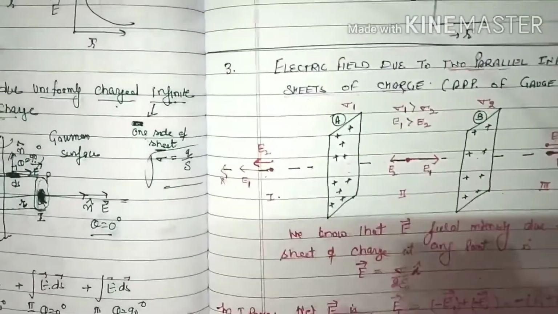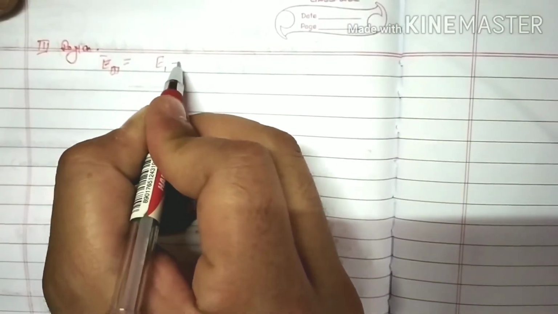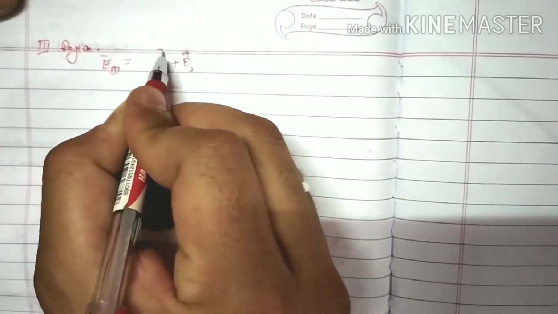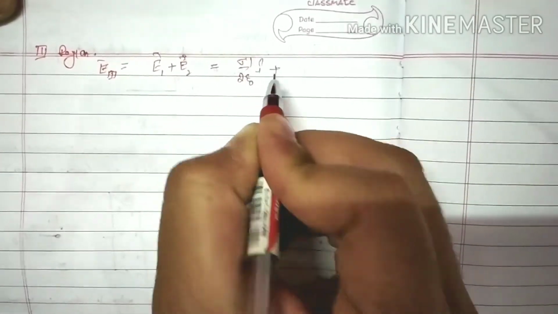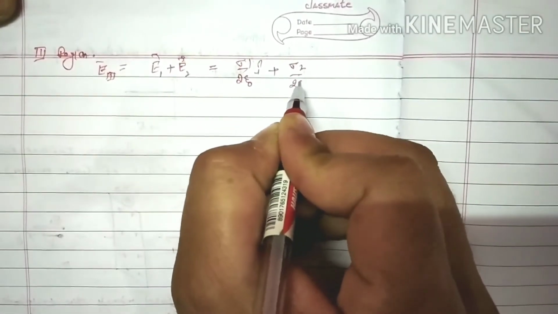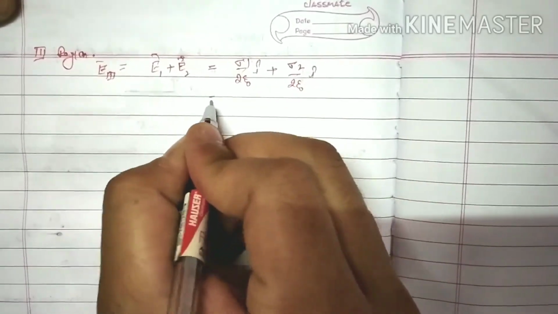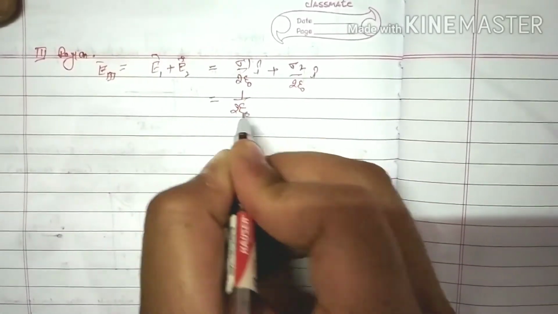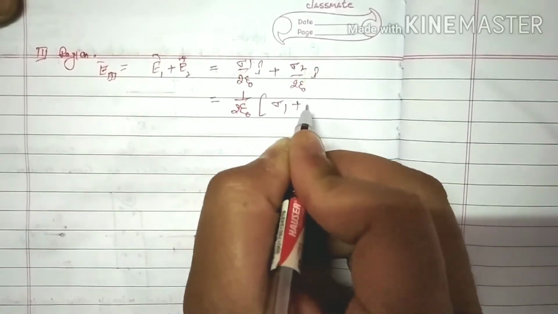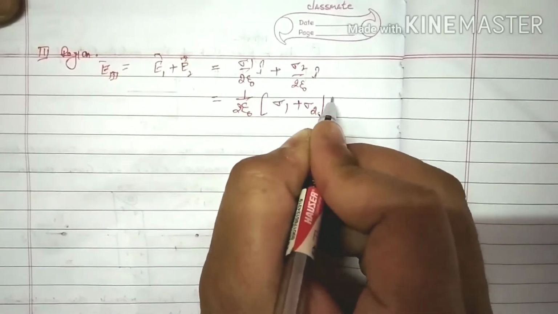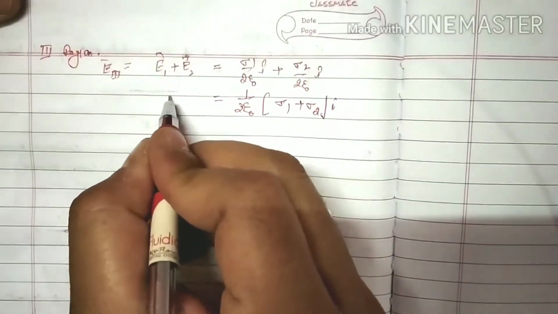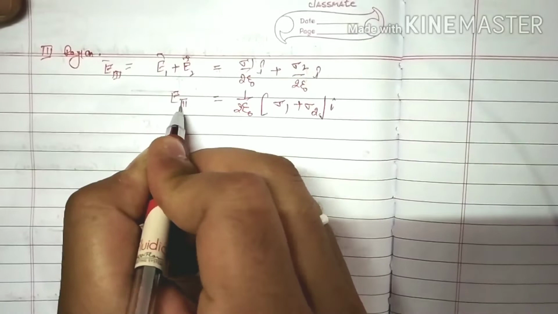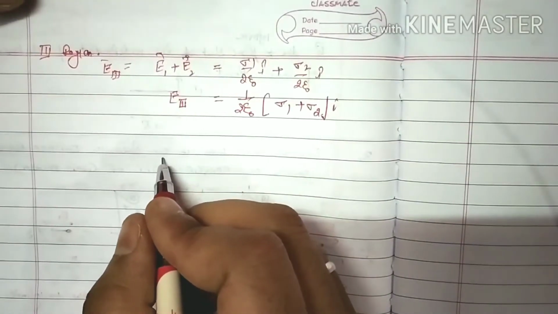So here we write the sum of these two electric fields, E1 plus E2, that is equal to sigma 1 upon 2 epsilon naught plus sigma 2 upon 2 epsilon naught. So 1 upon 2 epsilon naught is common, times (sigma 1 plus sigma 2). So in these three regions we have calculated the electric field intensity.